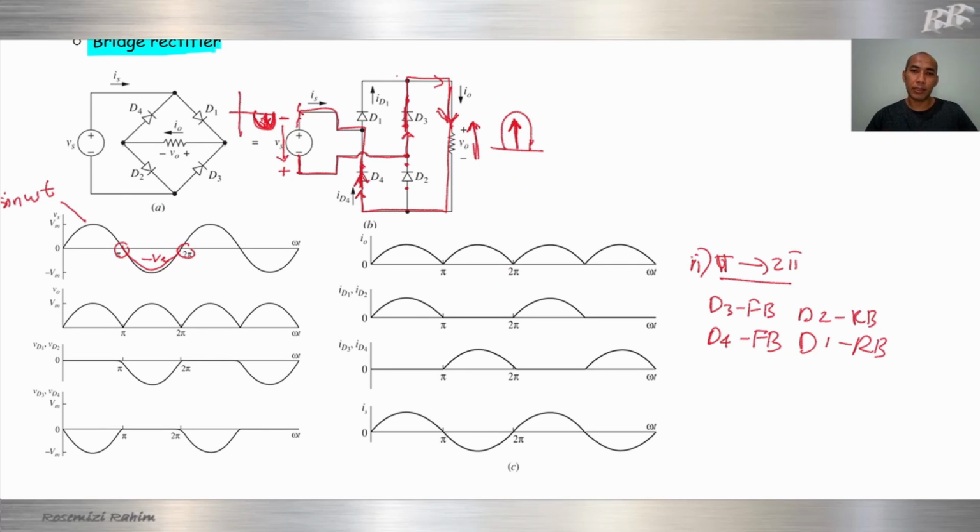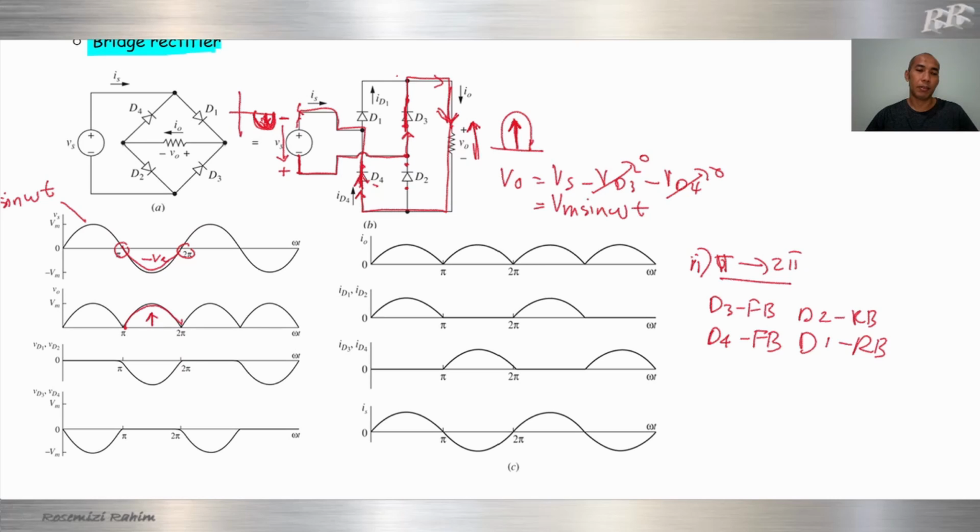V out equal to Vs minus VD3 minus VD4. VD3 and VD4 will be equal to 0 due to forward bias and short circuit. So V out equal to Vm sine omega t. Okay, V out will be the positive cycle.